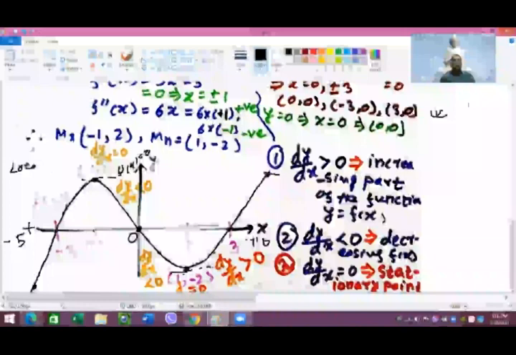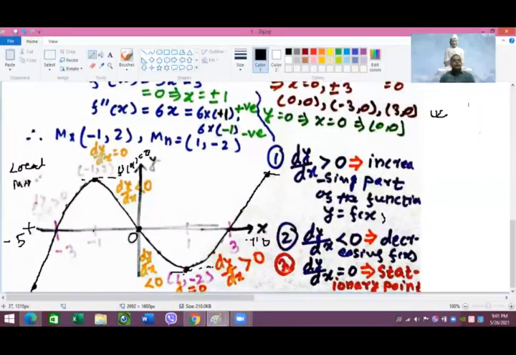Maximum and minimum points are called local maximum and local minimum, or minima. And what do you call this? If your curve stops here and this is the highest of all, you can call this point the absolute maxima.